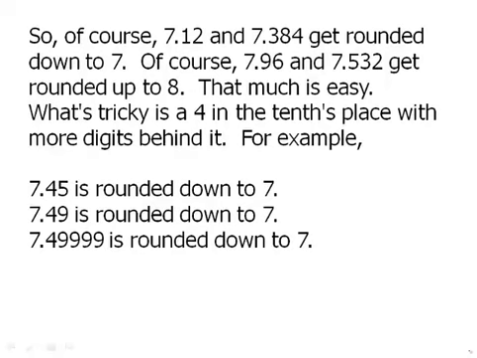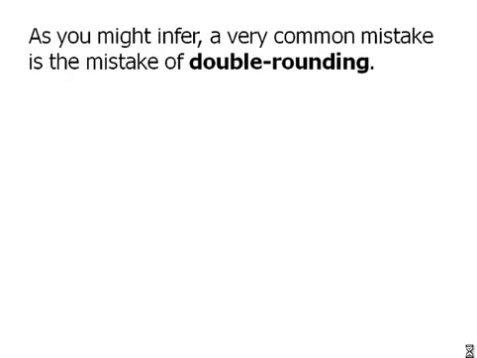But we have to be very careful here. How many decimals separate 7.49999 from 7.5? Well, as we just talked about, there's an infinity of decimals separating them. And because there's an infinity of difference, one gets rounded down, but 7.5 would get rounded up.